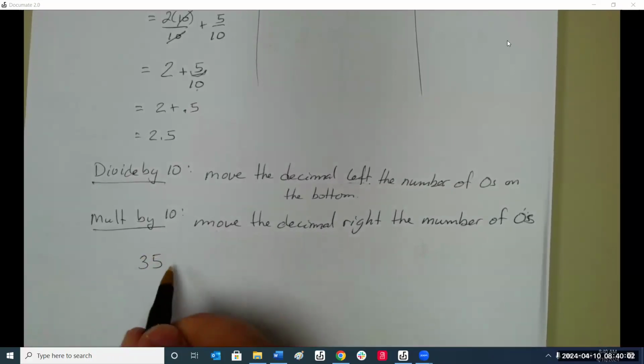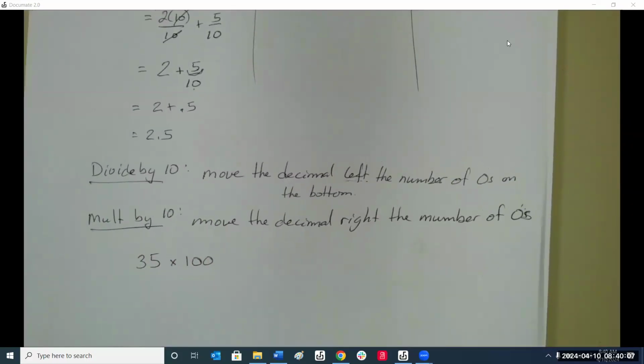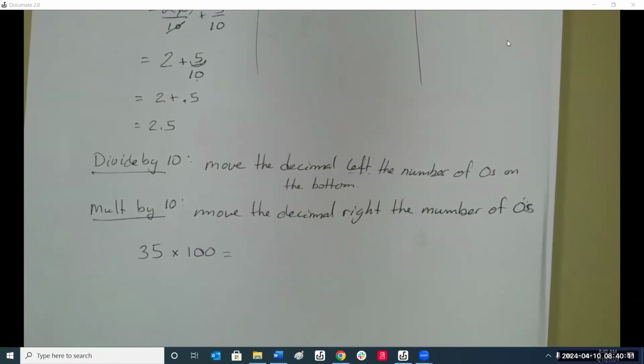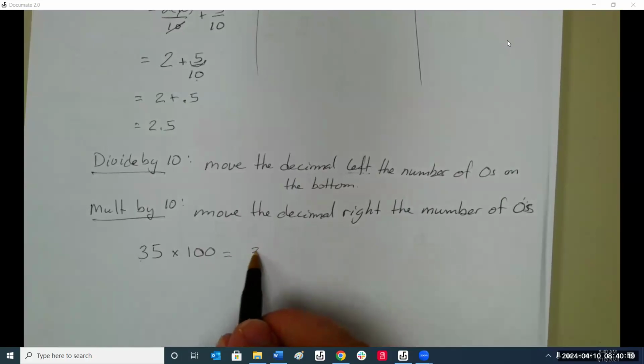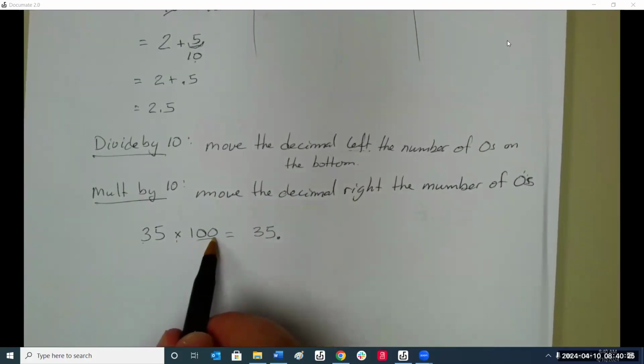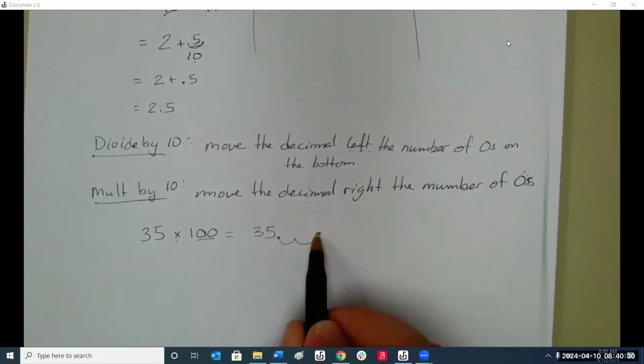So if we had 35 times 10 or 100, we have to first ask, where is the decimal on this 35? After the 5. Since I'm multiplying by 2 zeros, I got to move it to the right, 2 spaces.